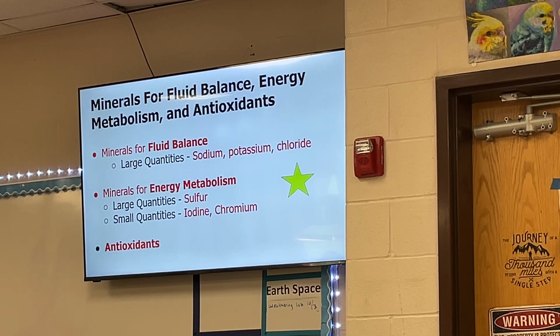So if we have extra oxygen floating around in our bodies that's not being put to use for cellular respiration, it can cause issues. Now, antioxidants are materials that counteract and neutralize them. Having different materials in our body that counteract those free oxygens is really helpful to balance it out.